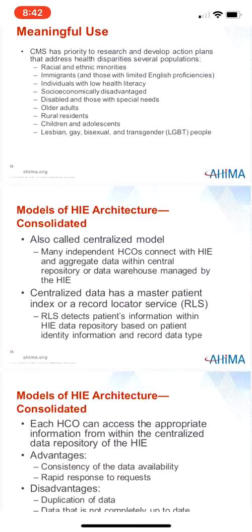An RLS indicates where the patient's information is located within the participating healthcare organizations based on patient identity information and record data type, with robust access and security controls. Each healthcare organization can access the appropriate information.